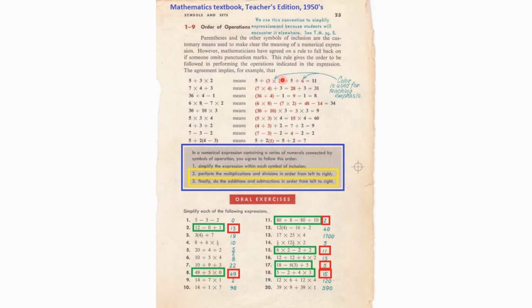5 plus 3 times 2 means, and what they're doing is showing parentheses for emphasis. These are not needed, but color is used for showing emphasis, and what they're explaining here is that the multiplication is done first. So 5 plus 3 times 2 is equivalent to 5 plus (3 times 2) in parentheses, which is nothing more than the same thing as 5 plus 6 equals 11.